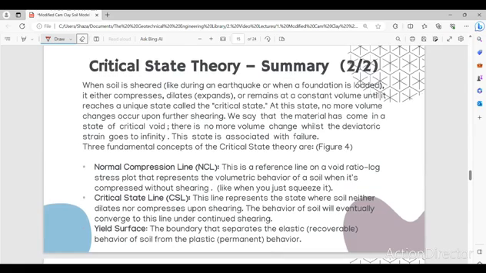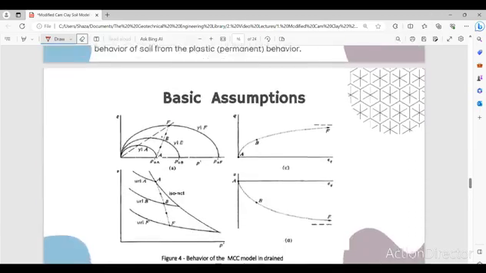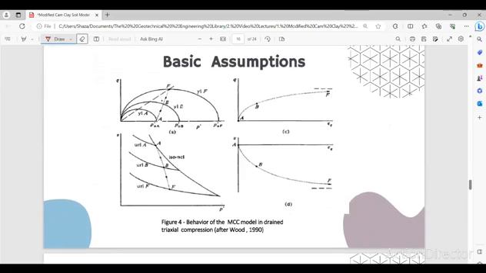Also, in this slide, I'm summarizing again the three lines, which are the normal compression line, the critical state line, and the yield surface, so the information will be clear and well organized for you. This is the figure that shows the variation of q as a function of the strain.